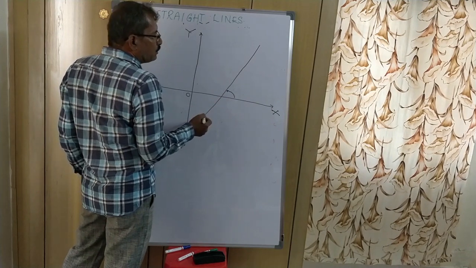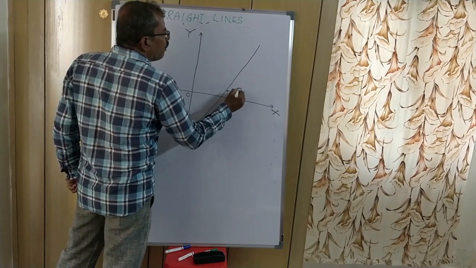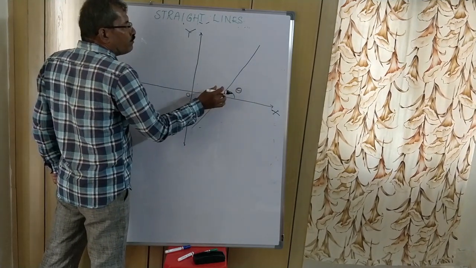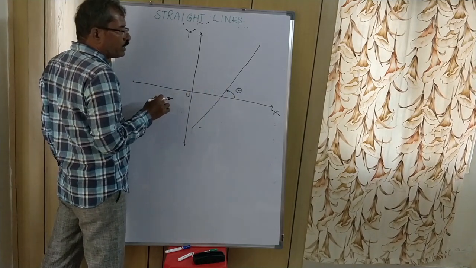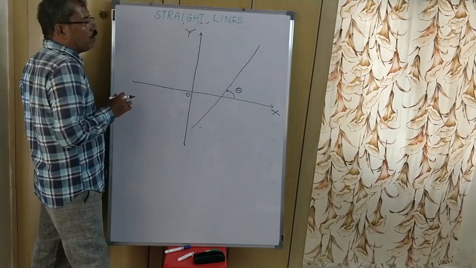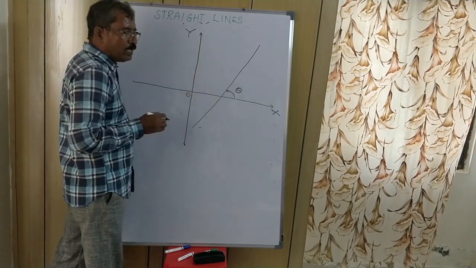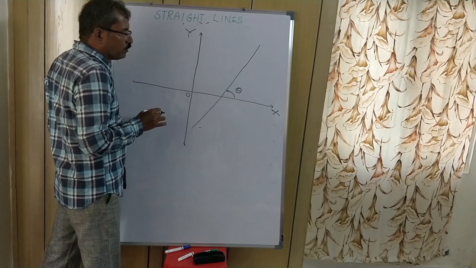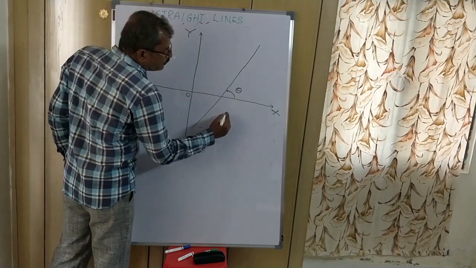Say that is theta. The value of tan theta, known as the inclination of the line with the x-axis, is denoted with m.